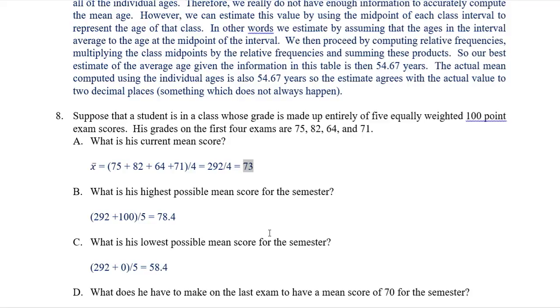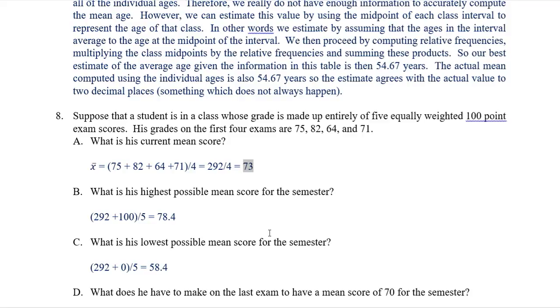Okay, if he wants to lower his exam average one point to 72, he'd need to make 5 points below his current average of 73. So to go down 3 points to a 70, he would have to do 5 points per point he wants to lower.